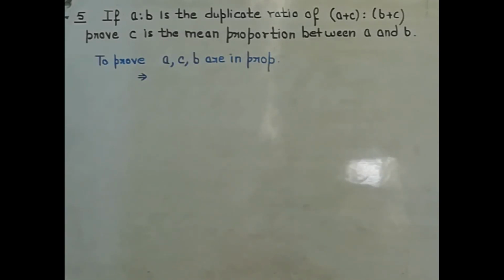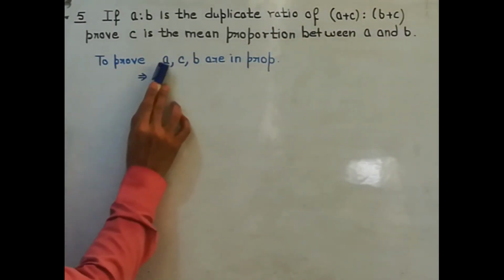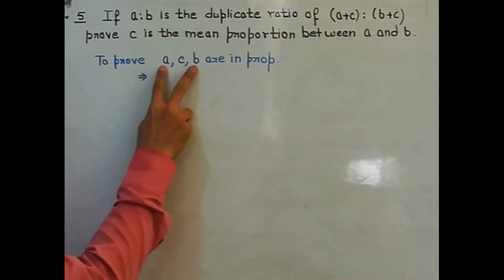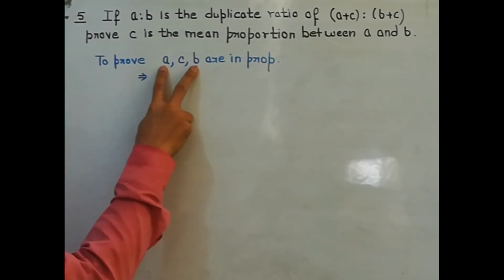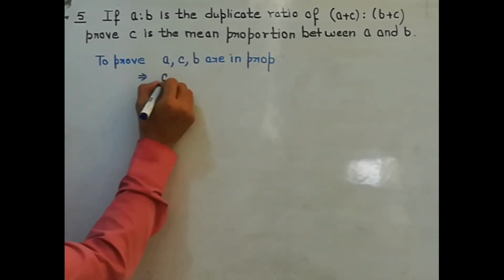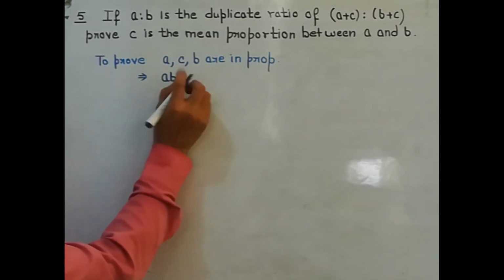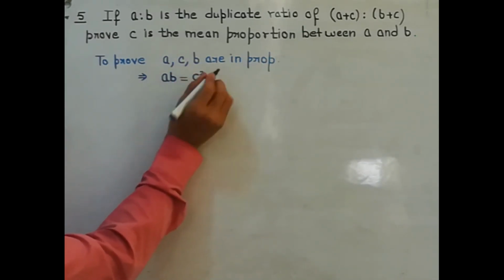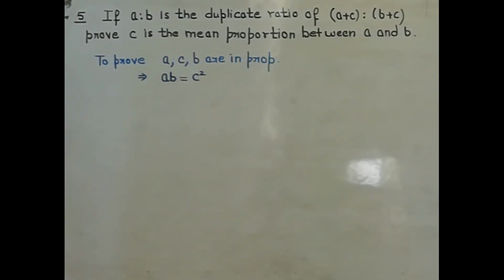Now here c is the mean proportion, so we have to write c in between a and b. What is the relation when three terms are in proportion? The relation is product of the extremes, that is ab, is equal to square of the mean. Right? So all over we can say we have to prove ab is equal to c square.